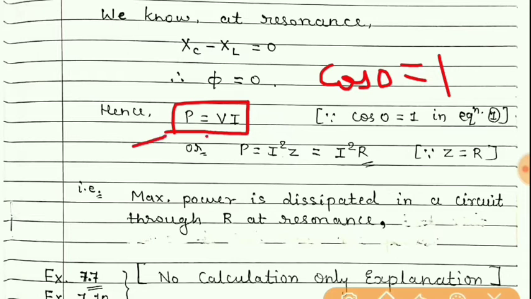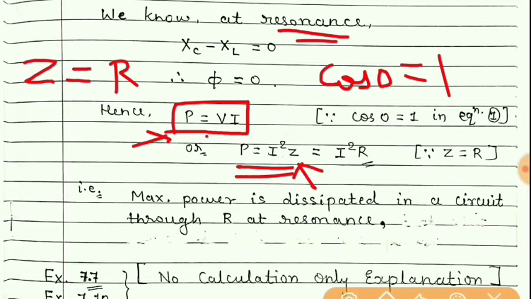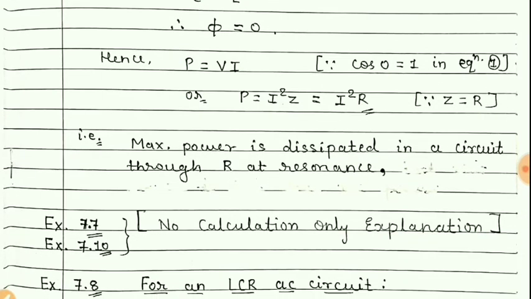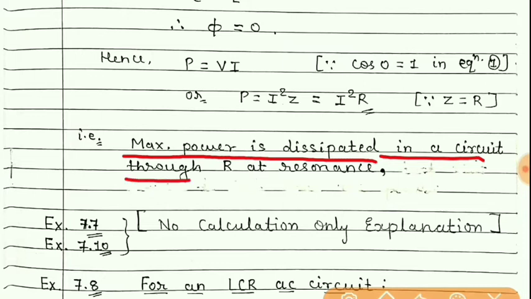This formula can be written as P is equal to I squared Z, but here we know that impedance Z is equal to R in case of resonance, and so in place of Z we are going to write R. Now in this case, the maximum power is dissipated in a circuit through the resistor R.